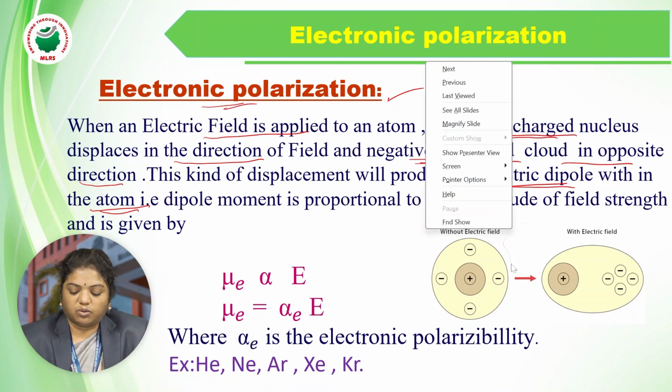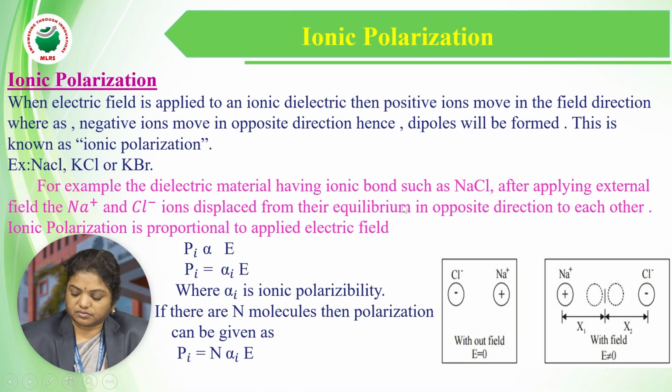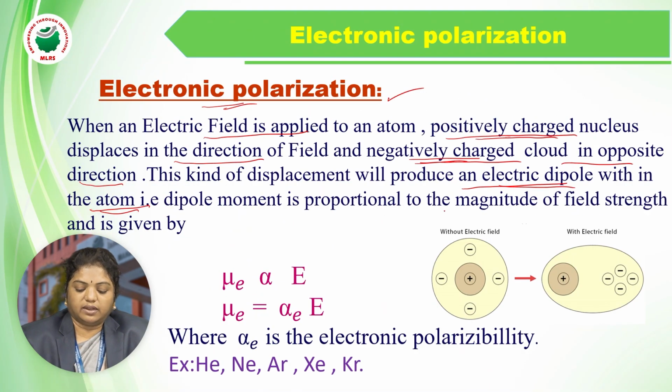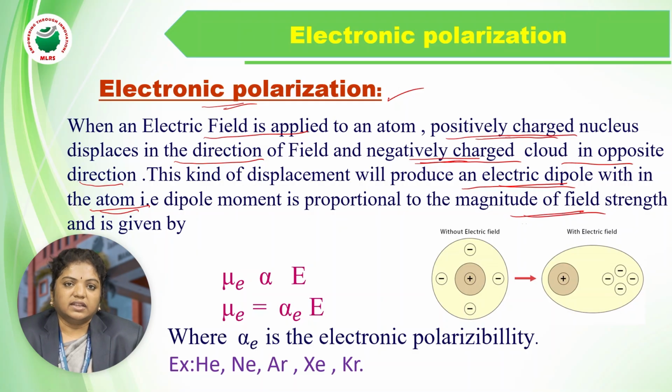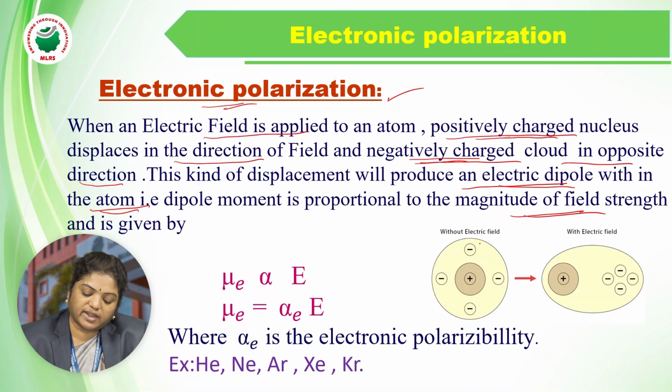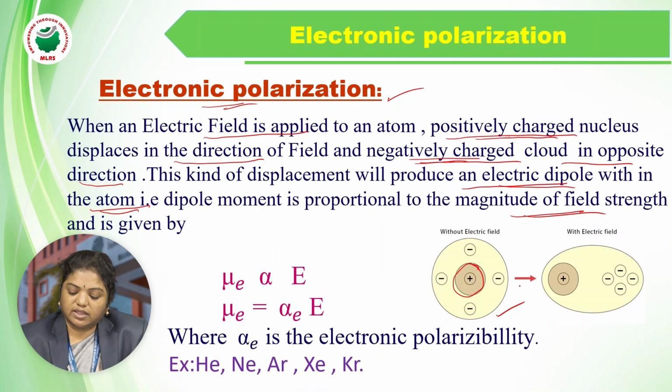Here we consider one atom, and the dipole moment is proportional to the magnitude of the field strength. If we increase the field, the dipole moment also increases. Here this is the nucleus, and around the nucleus electrons revolve; all these electrons we consider as an electron cloud. This is without the electric field.